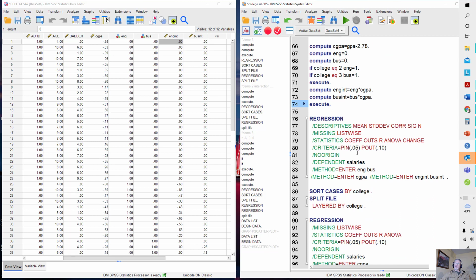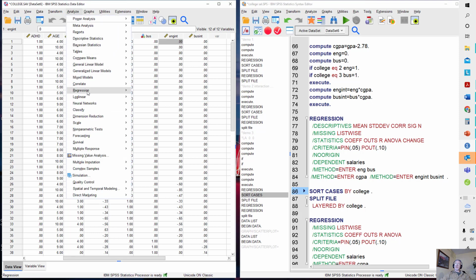Okay, that sets us up to run our regression. I'm going to run the regression in steps, and here's the syntax for that. But I'm going to go ahead and run it point and click so you can see it.